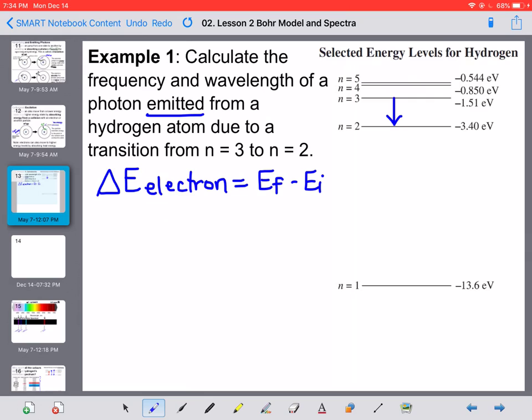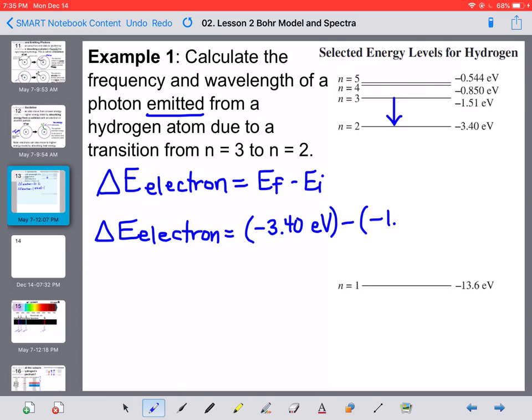So for this atom, the final energy is going to be the energy of the n equals 2 energy level, because that is where the electron ends up. So that's negative 3.40 electron volts. And the initial energy is going to be the energy of the n equals 3 level, because that's where the electron started out. So that's going to be negative 1.51 electron volts.